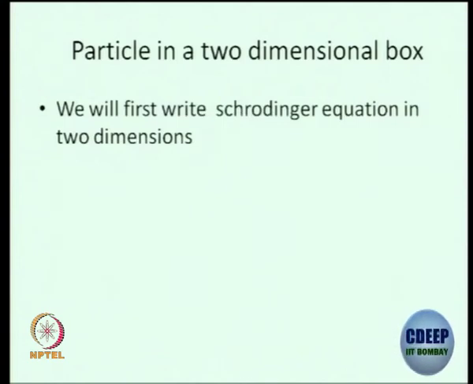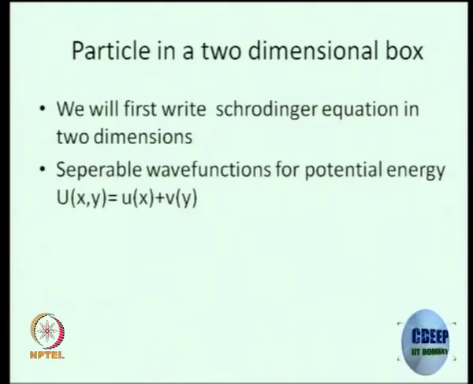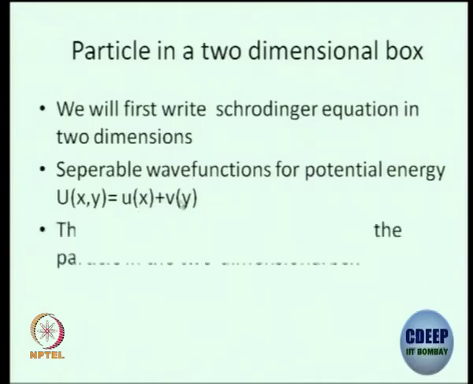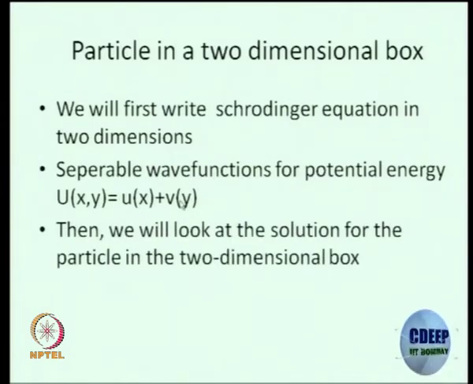So, what do we have to do? You have to first write the Schrodinger equation in 2 dimensions, then separate wave functions for potential energy, separable wave functions. If your potential energy cannot be written as a sum of a potential energy for x plus a potential energy for y, then separable wave functions is not applicable. I am sure you know this, right.